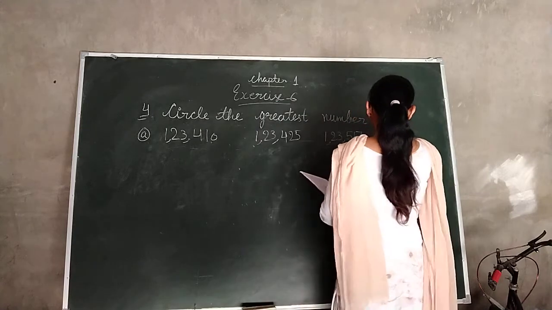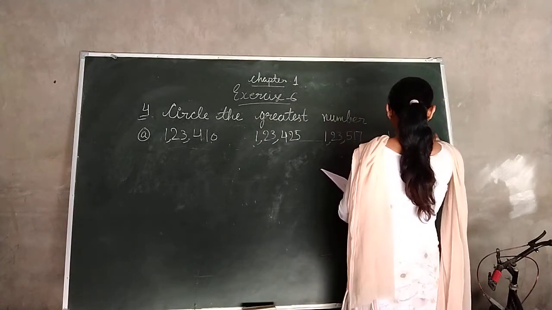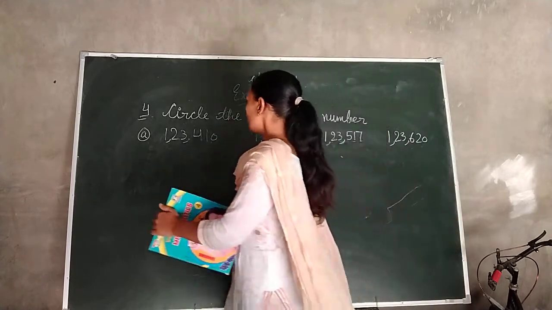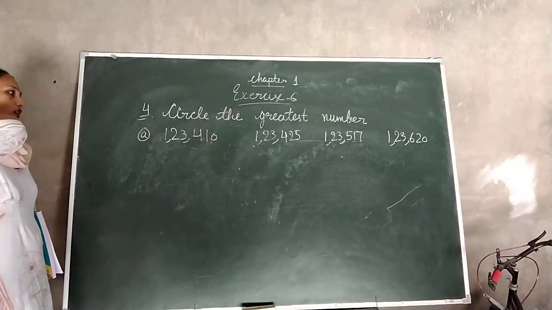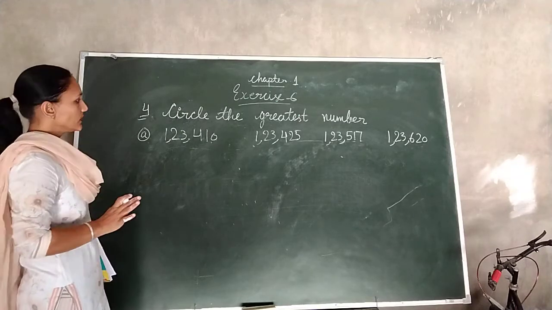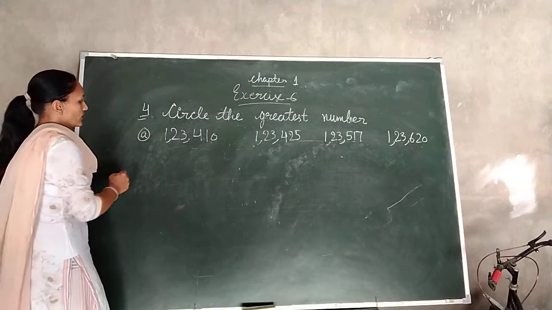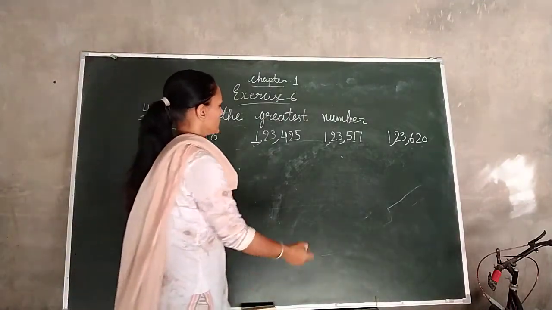Next 1,23,620. So to find the greatest number, first of all we will count the number of digits. All the numbers are of 6 digits. So next we will compare the digits in lakh place.